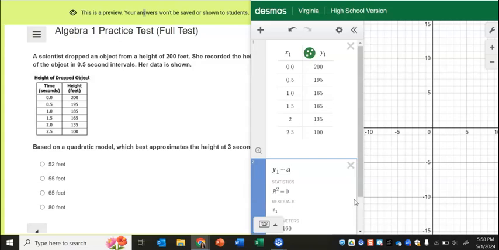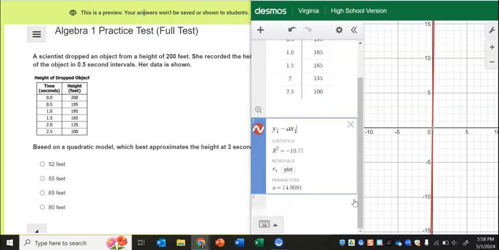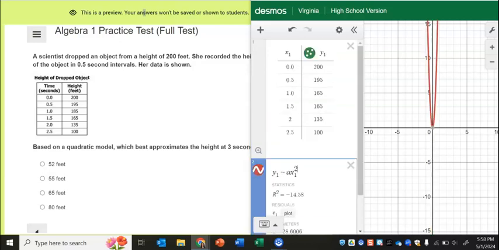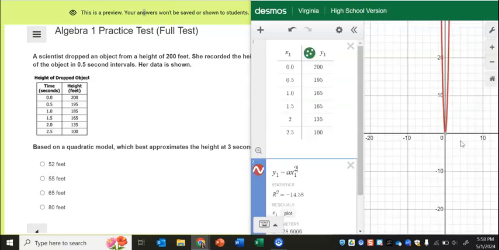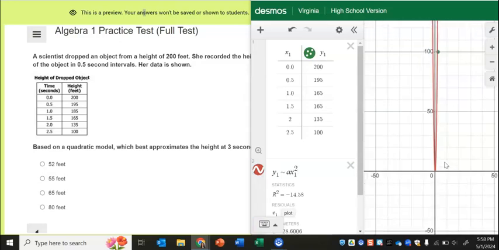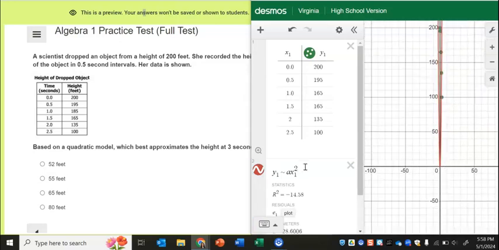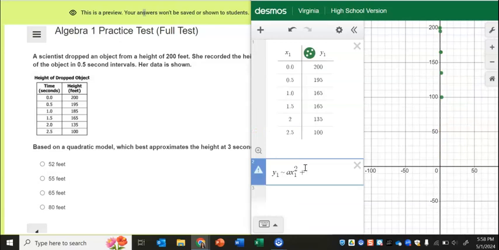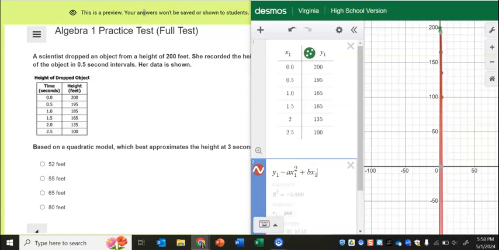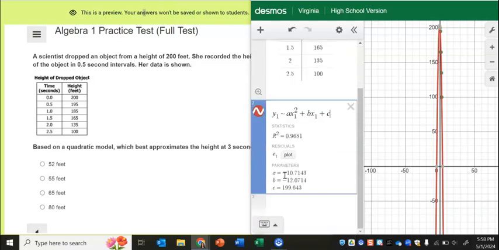So y1 ax1 squared. Squared is what gives it that quadratic shape right here. And then let me zoom out so you can see the points. There's the data right there. But you have to type up the whole thing, plus bx1 plus c. This is also something you have to memorize. Okay, and then I have my a, b, and c.